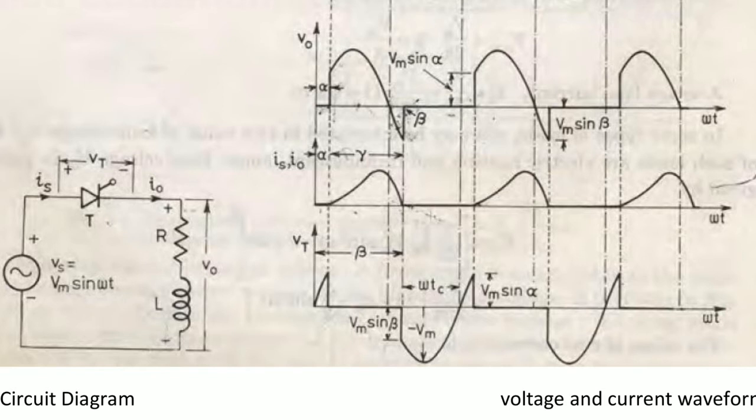As I have told earlier, as soon as we turn on the thyristor T, the voltage across the thyristor will become 0. So this is shown by this waveform. So please remember the slight difference between the two circuits, that is single phase half wave with R load and single phase half wave with RL load.